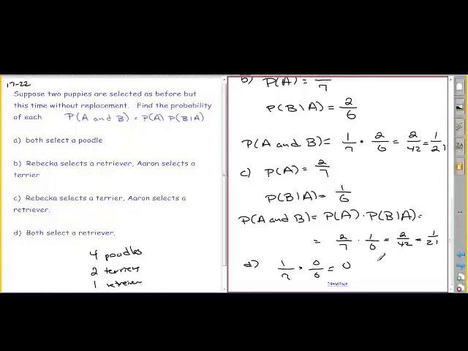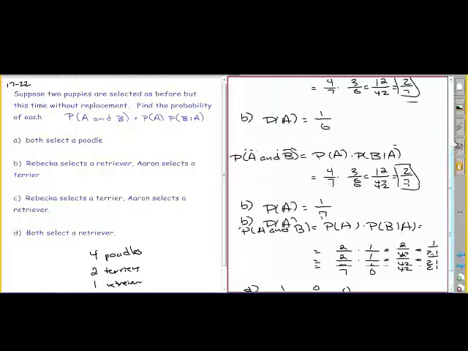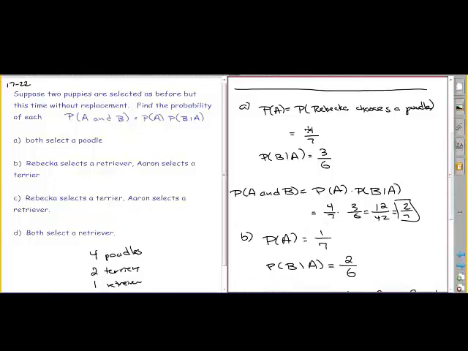There's only 1 retriever, so the probability of magically creating a retriever is 0. And the same kind of thing applies here. If Rebecca picked a terrier and Aaron picked a terrier, it's kind of like the original problem where we had a poodle. The only difference is that this would be 2/7 and this would be 1/6.